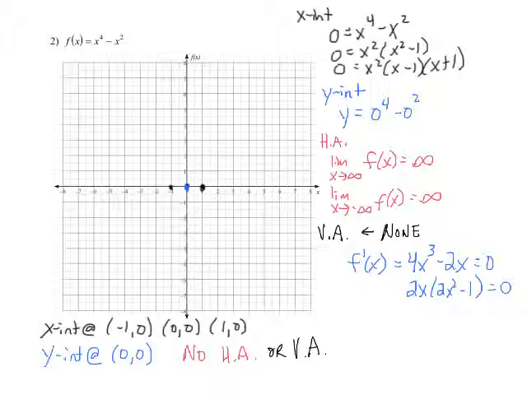And it looks like we have critical points at 0 and plus and minus the square root of 1/2.